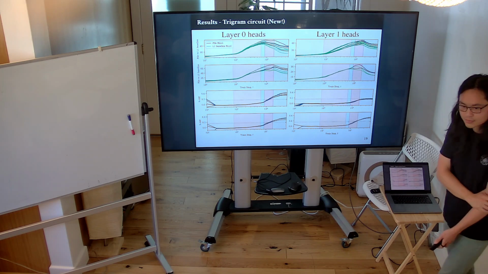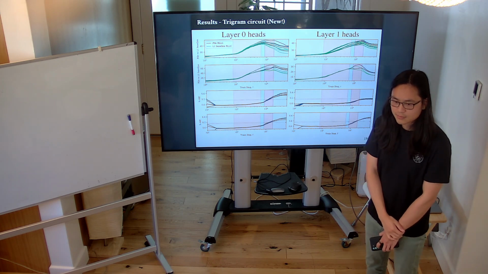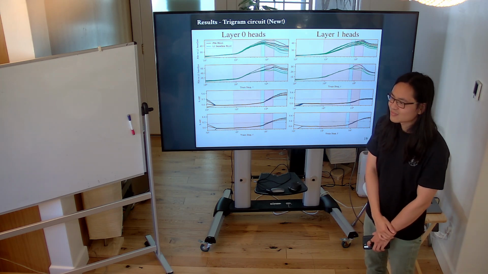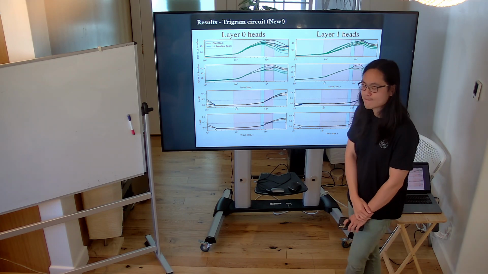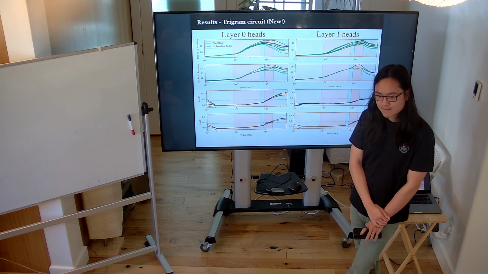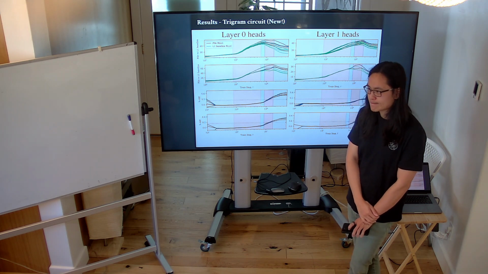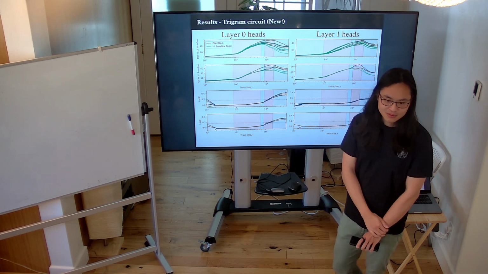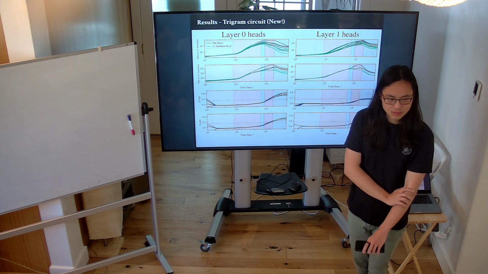I have a general question. How much should we trust this visual eyeballing? Say I see something that looks like it has two peaks. Should I think of it as, oh, this could be an induction head? Something that I wanted to ask about: doesn't the logarithmic scale actually make the effect less impressive than it would be?